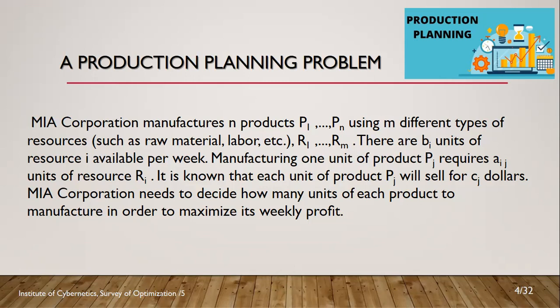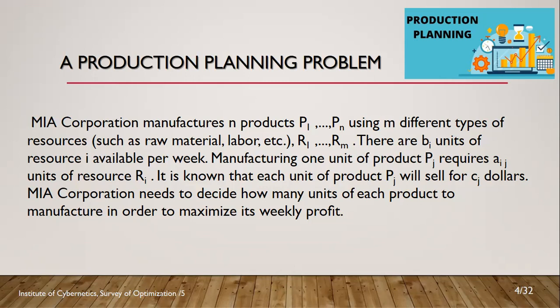Also, we know that each unit of product P sub j requires a sub ij units of resource R sub i, and it is known that each unit of product P sub j will sell for c sub j dollars. We also have the constraints of resources. So we assume that the resources are already there.